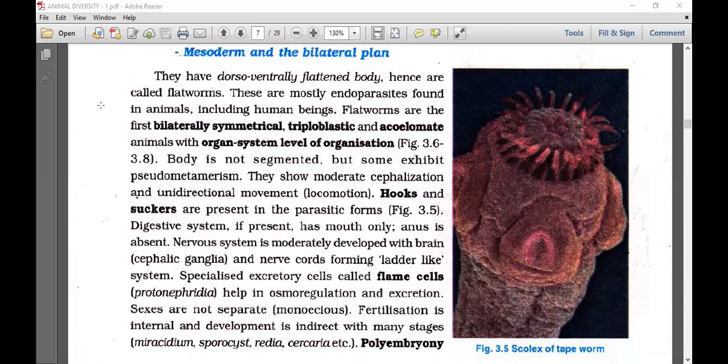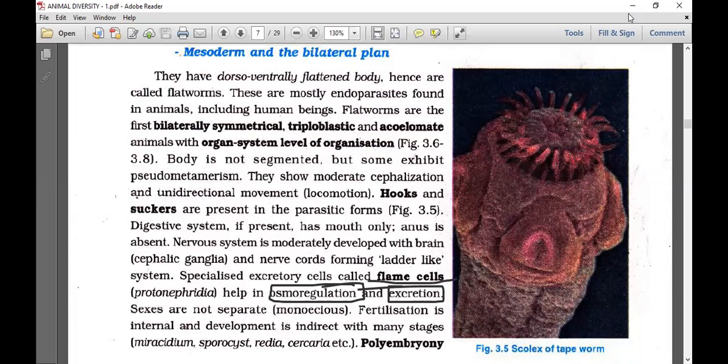That you need to remember. Osmo means water, regulation means control. That means the primary function of excretory organs is osmoregulation, and the secondary function is excretion. So flame cells or protonephridia help in osmoregulation and excretion.